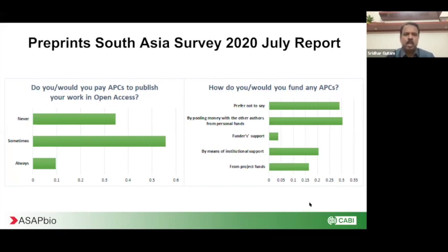Because I see there are many journals which don't charge any APCs, but no publications are reaching them. One case we found is the Open Access Journal of Medicinal Plants, started in 2006, which stopped publishing in 2018 because there were no submissions.